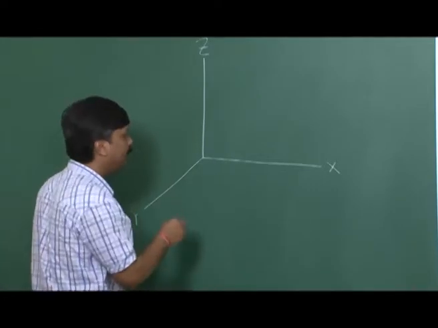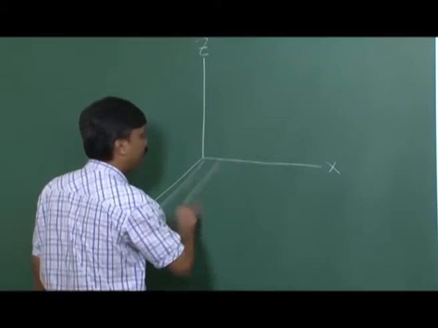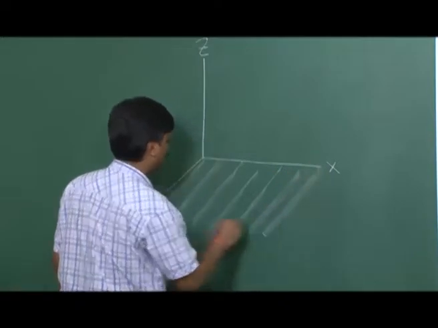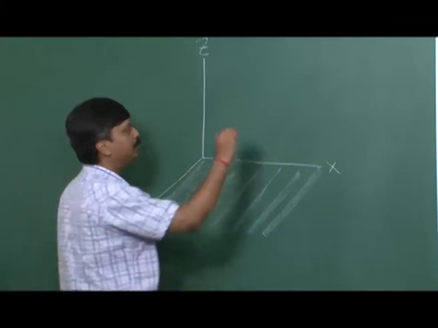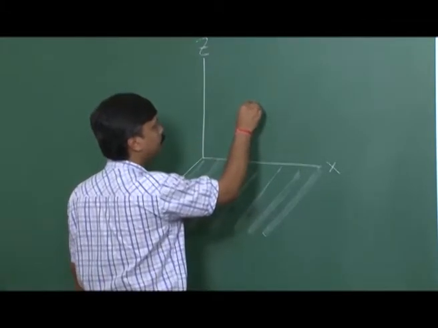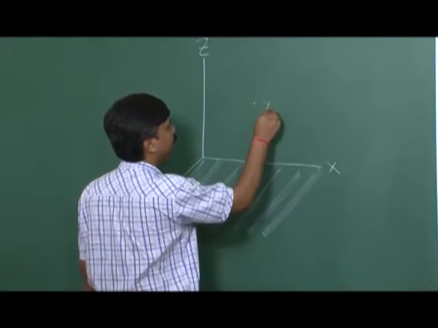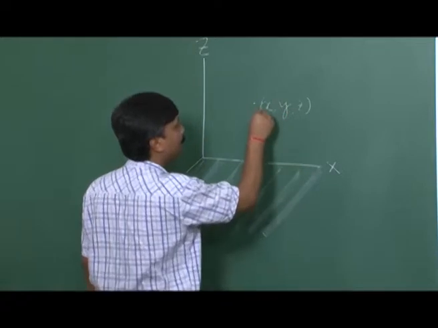Say for example I take my xy plane. So xy plane, how can I depict it? So this is my xy plane, okay. Now I have any general point here, okay.